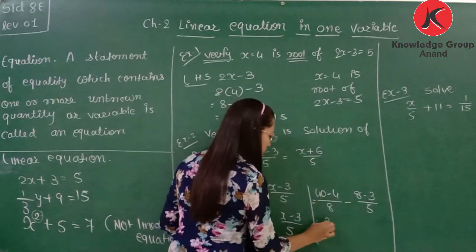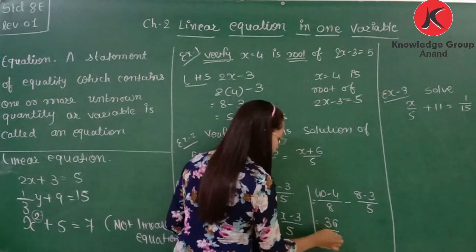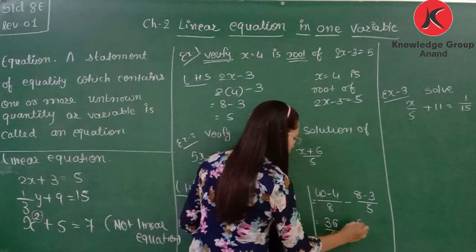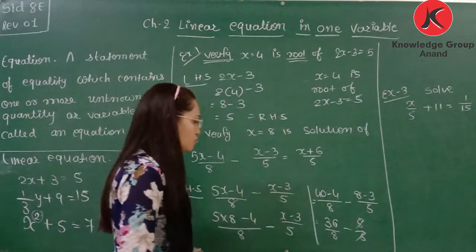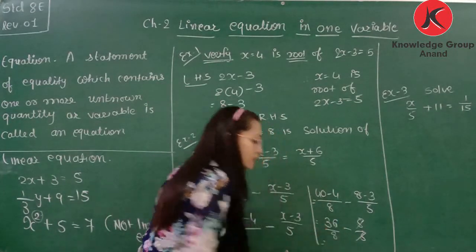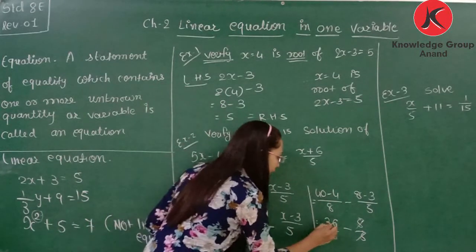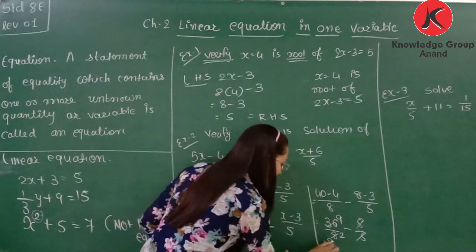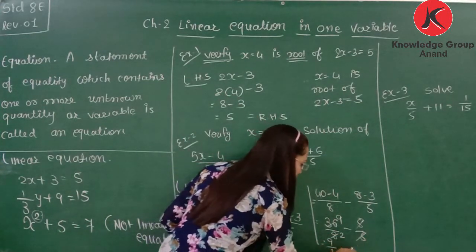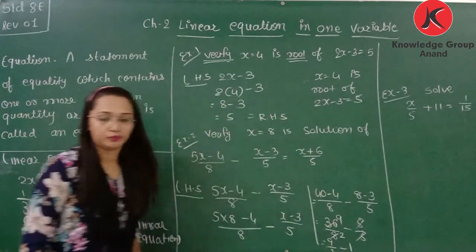So this is 36 by 8 minus 5 by 5. If we cancel out, okay, so we will have, here you can cut the common factor 4, 9 4s are 36, 4 2s are 8, so we have 9 by 2, 5 will be cancelled, so it is 1.